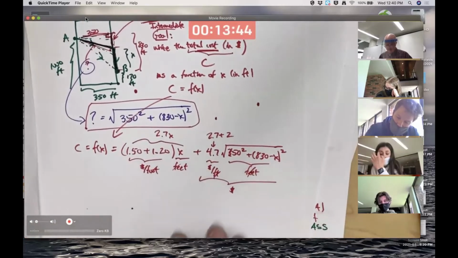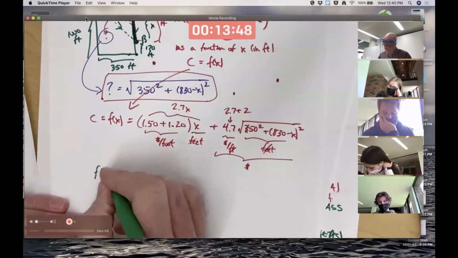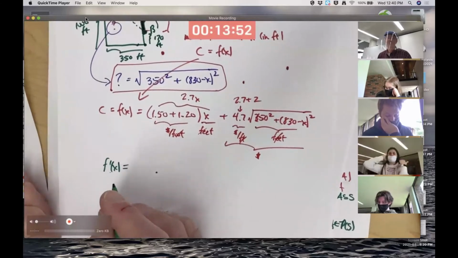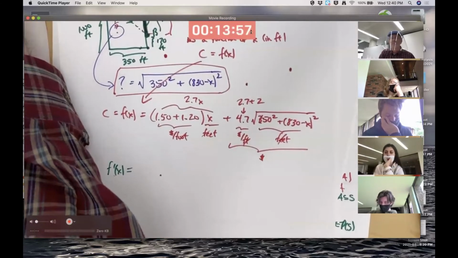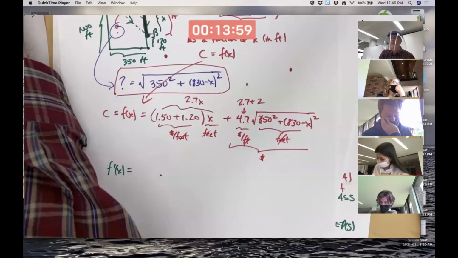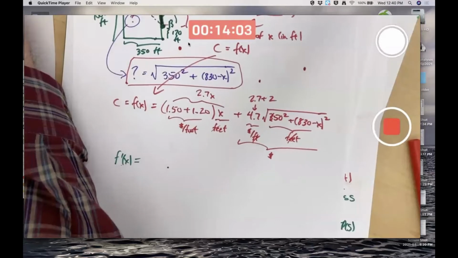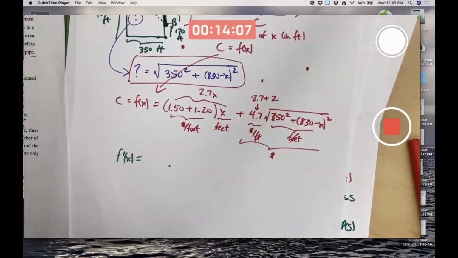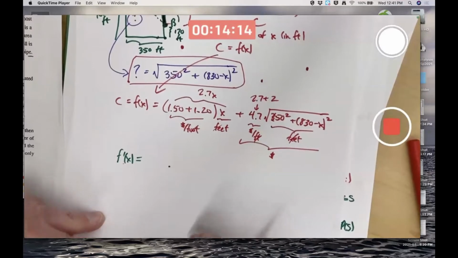Now try to minimize. Take the derivative. And after I take the derivative, what do I do? Set it equal to 0, solve for x, solve for the critical points.